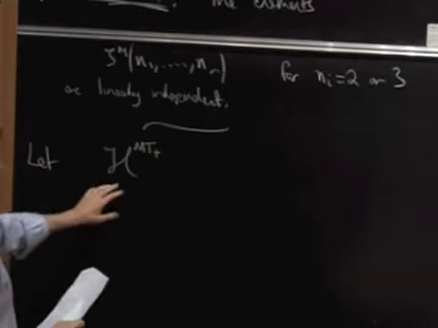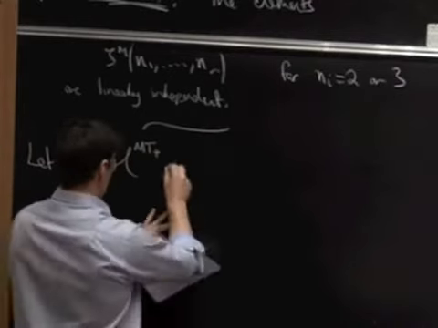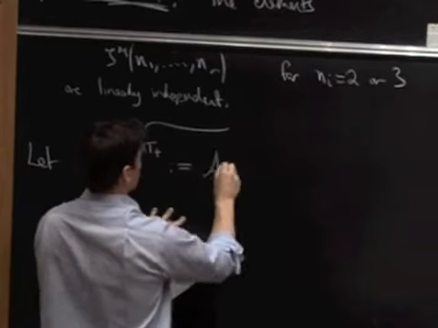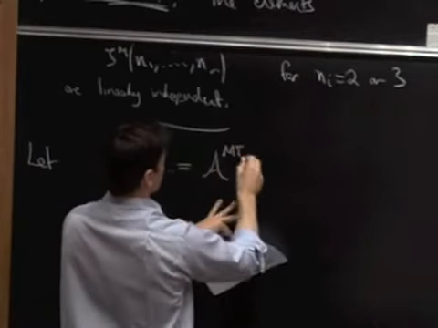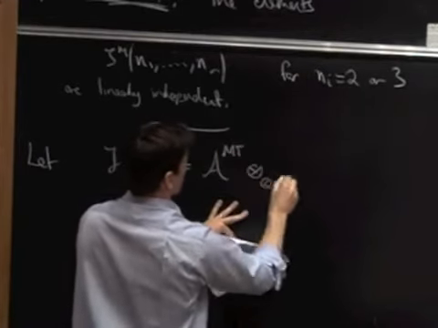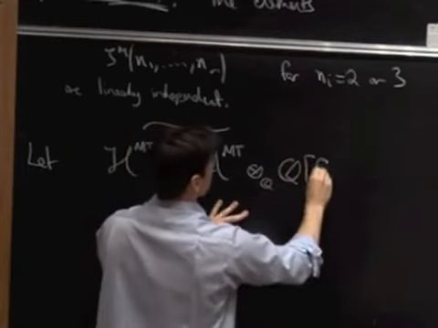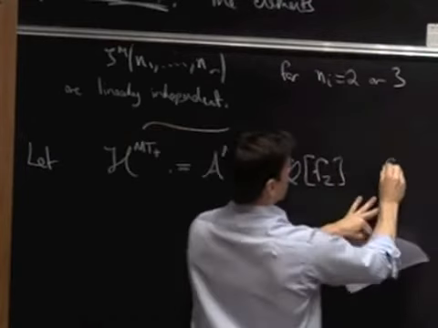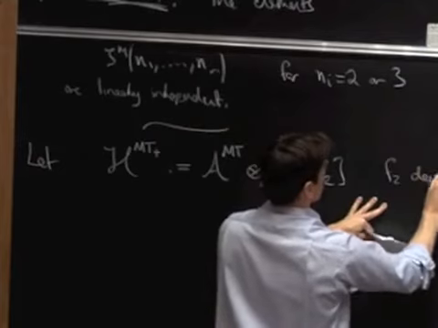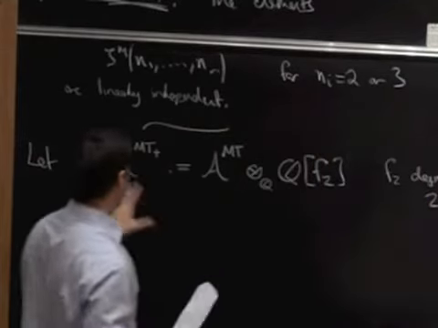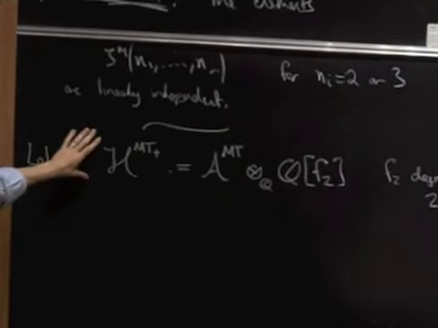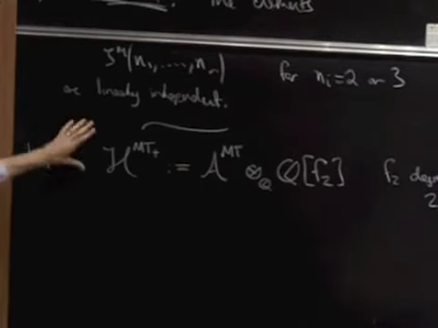So let me define MT plus to be the functions on the Motivic Galois group, and then we also have to throw in something corresponding to zeta 2. This should be thought of as the algebra of abstract periods of all mixed-state motives.